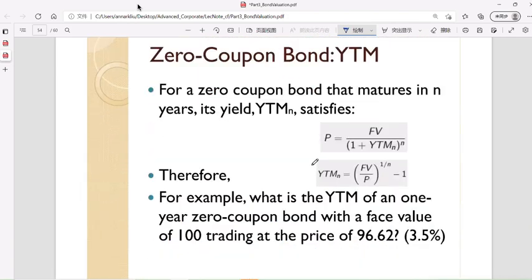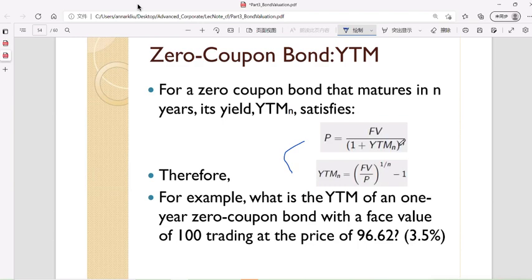So for a zero coupon bond that matures in n years, the yield to maturity satisfies this: the price equals the future value divided by (1 plus yield to maturity) to the power n, right? So this is straightforward. The discounted cash flow approach.